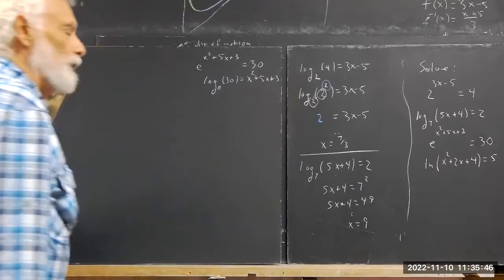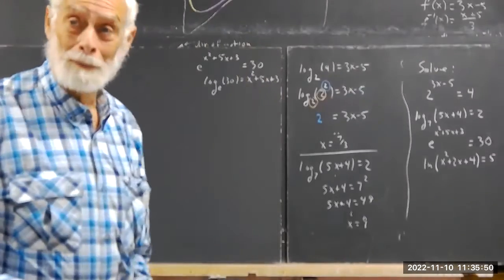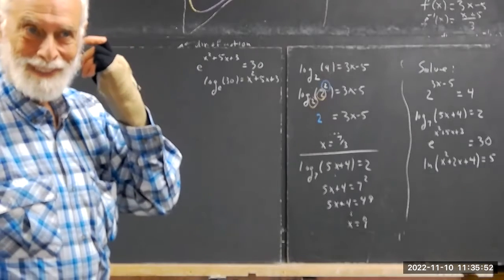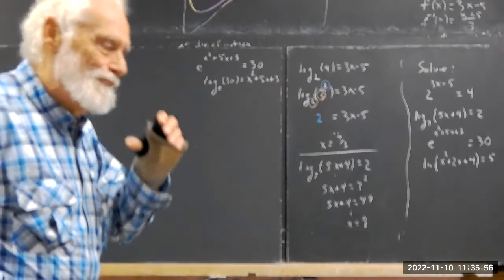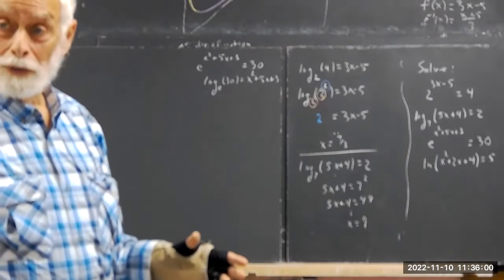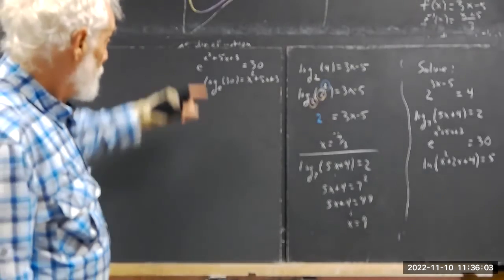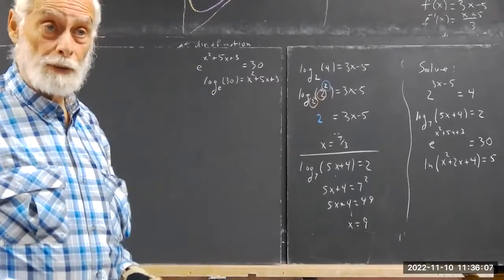A majority of the class wanted to do e to the 30th power. So be sure that you are clear on the inverse function relationship that allows you to change from exponential to logarithmic notation.